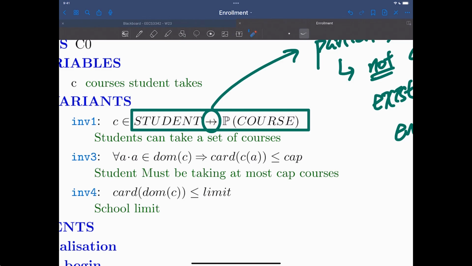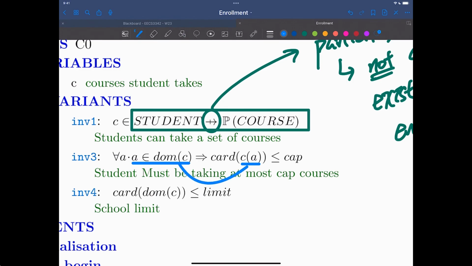For every A, the student must be in the domain of C, which is this function. Because we want to do function application, you have to make sure it is well-defined. We'll talk about well-definedness in lab number 1. In order for function application to be well-defined, the value here must be in the domain. This guy here makes sure this function application is well-defined.